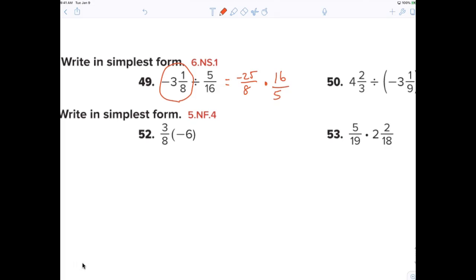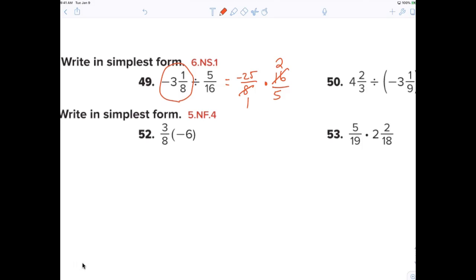Okay, so now let's cross reduce. The 16 turns into 2, 8 turns into 1. Then what? You divide the 8 by 4.